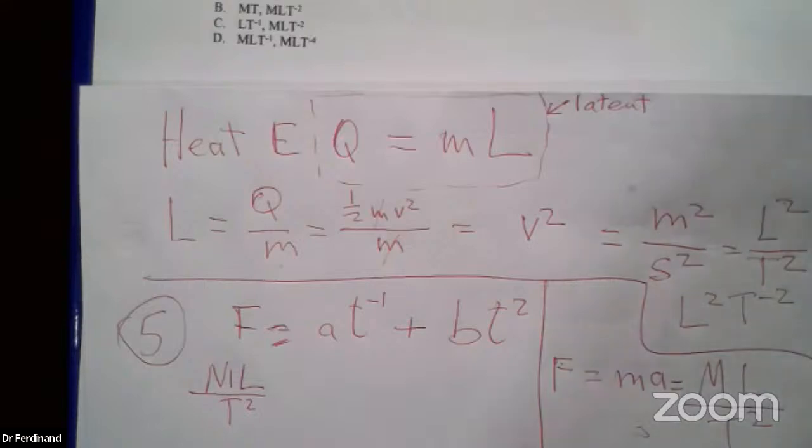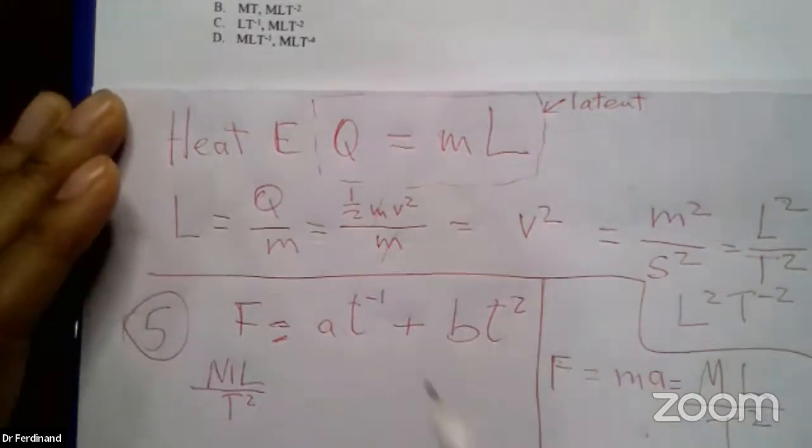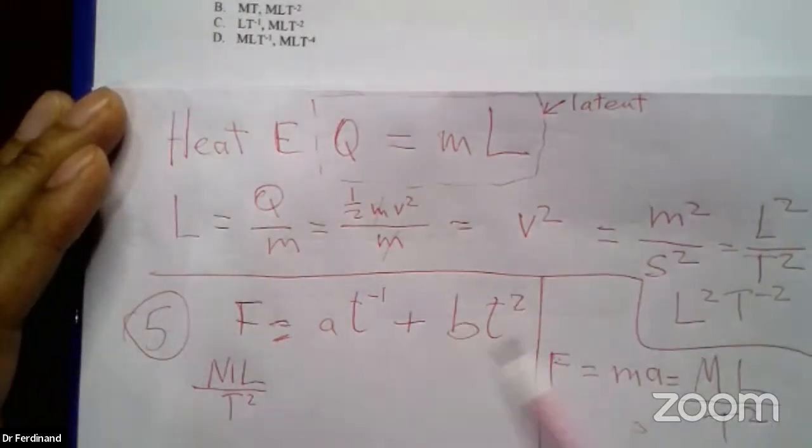And you've heard the expression, you can't add apples. You add apples to apples and oranges to oranges, but you can't add apples to oranges because the units are different. And here we have two things being added.